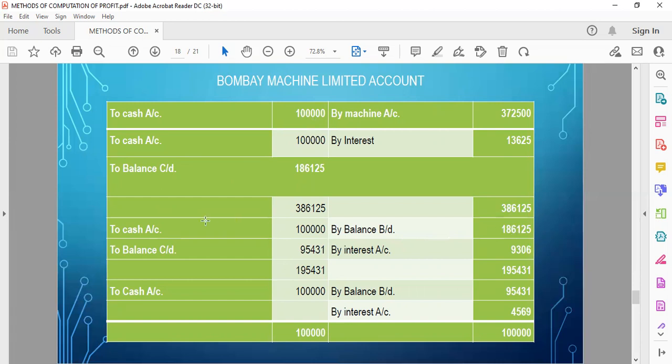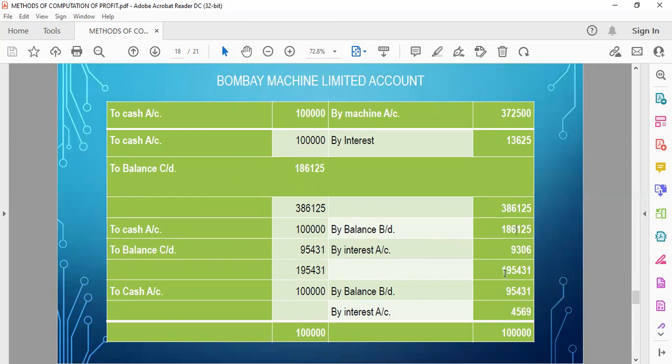Then the second installment we should pay, right? How much is the amount? 1 lakh. That is interest plus the amount. Okay, to cash account 1 lakh. Okay, by interest. By interest how much? 9,306.